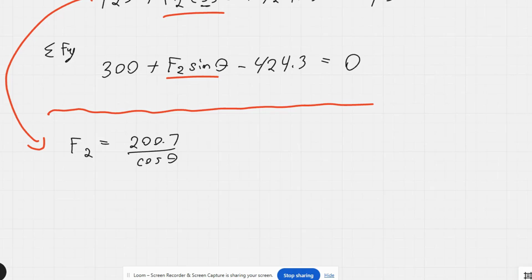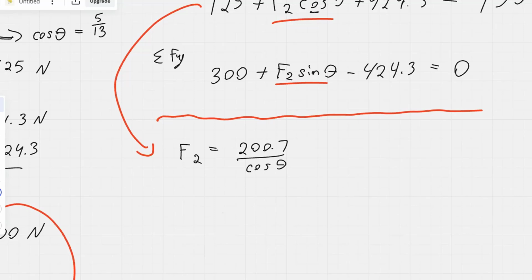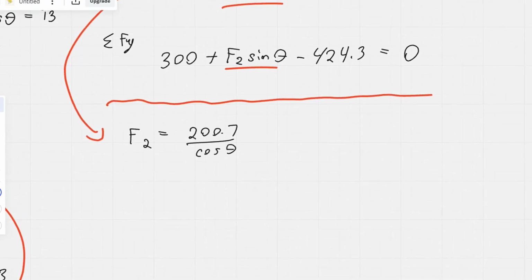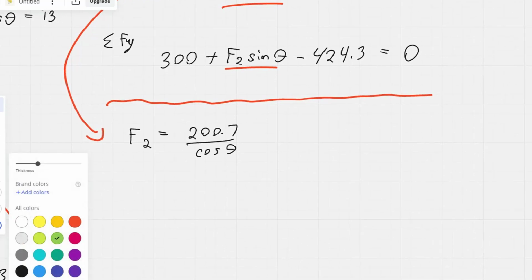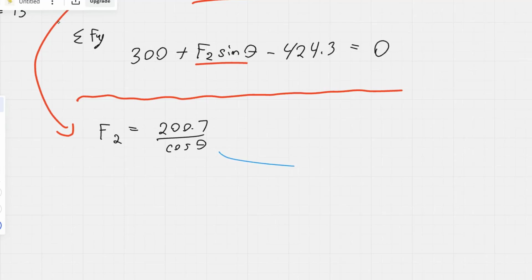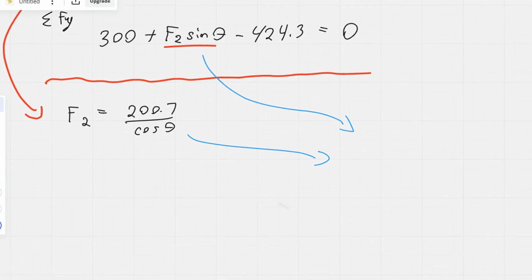So now we have our things when it comes to F2. And so what we can do now is I'm going to go ahead and make this blue here. We're going to plug this and this into this equation.